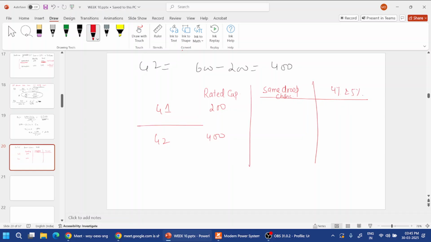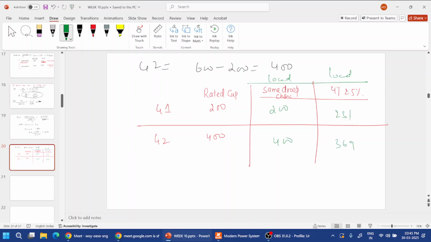So you can clearly see when it's the same group characteristic, they have 200 and 400 load. But if they have different, it will be 231 and 369.